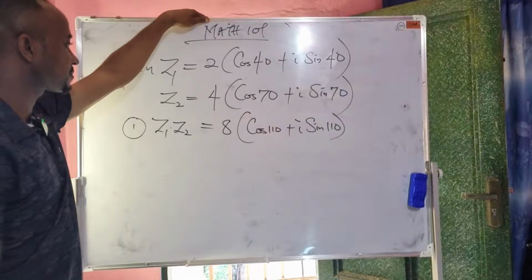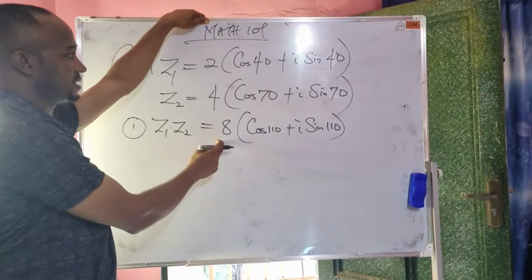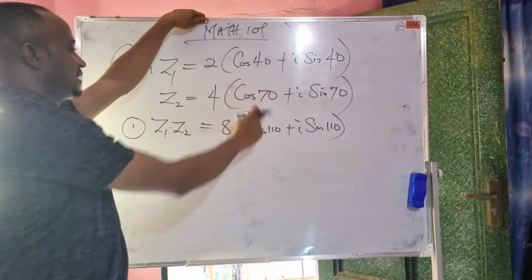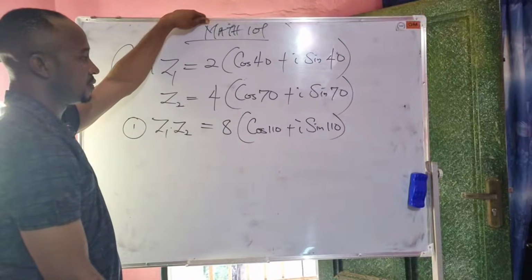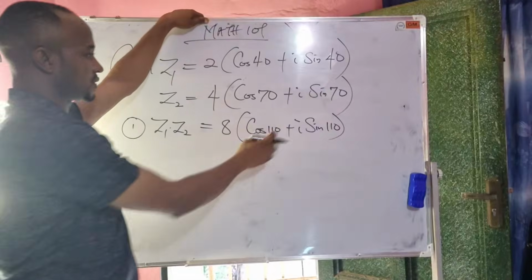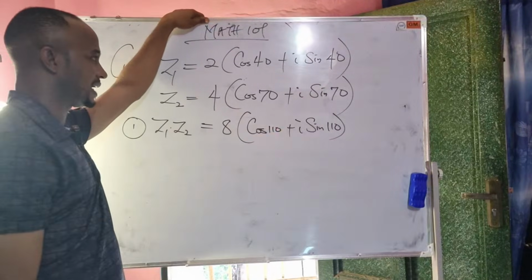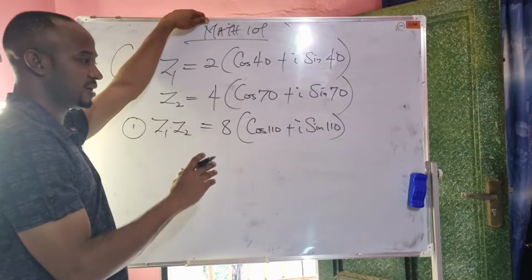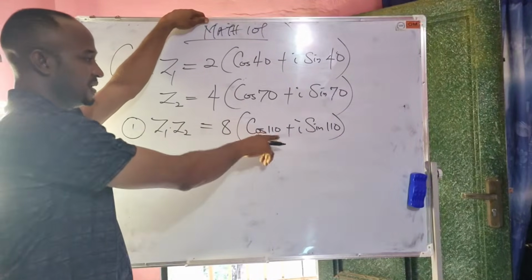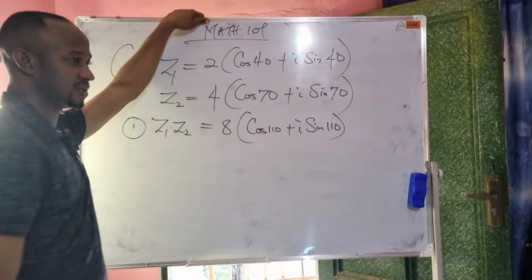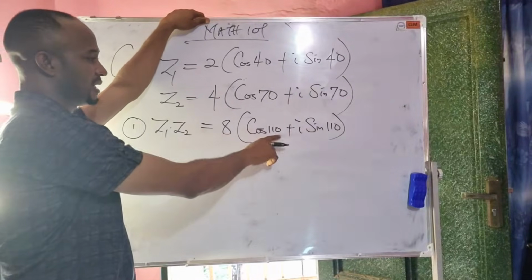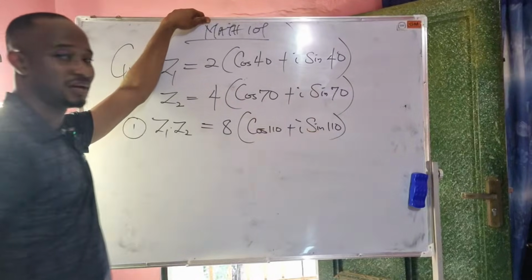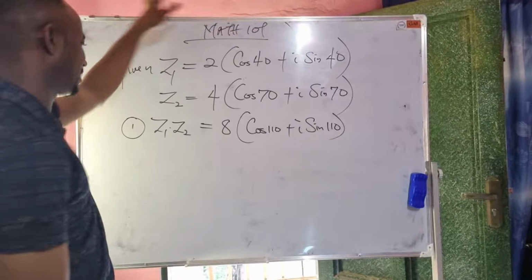Don't forget, multiply 2 by 4, we have 8. 40 plus 70 is 110. The good thing about complex numbers in polar form is that any angle you have here must be repeated on this other side. You can't have 110 here and a different angle here. It's not possible in polar form.